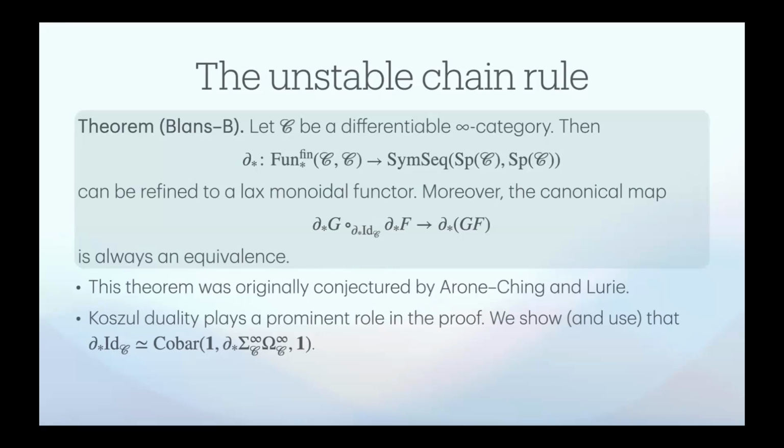And something that one in particular obtains is this equivalence here: the derivatives of the identity are Koszul dual to the derivatives of the loops-suspension comonad.